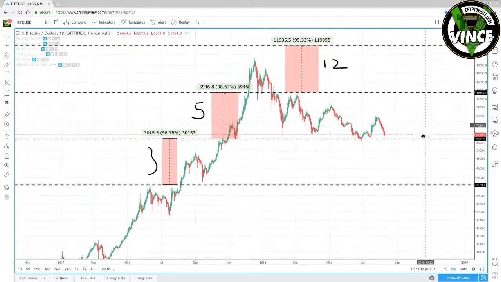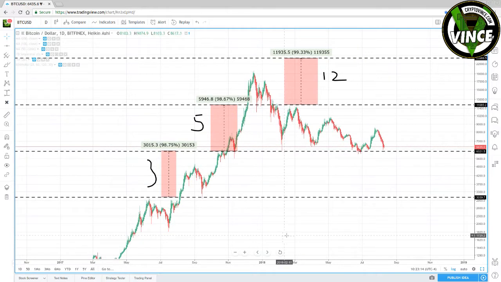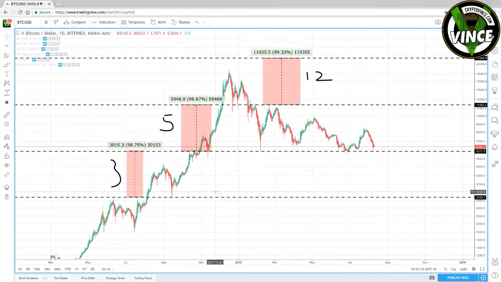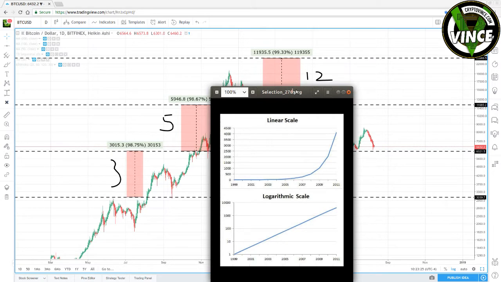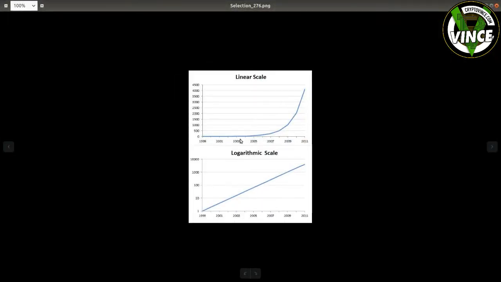Okay. Now, what other big difference is there when it comes to logarithmic scale and linear scale? Well, let's see if I have another picture. So when we see the overall chart and we trace two axes, x and y, this is what happens on the scale.